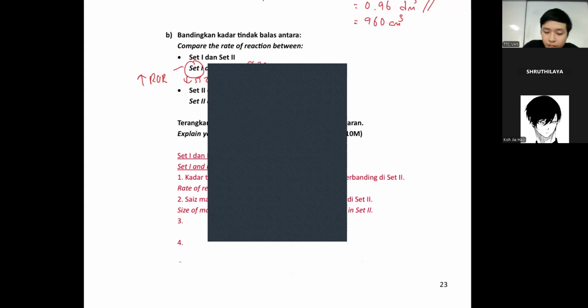So you can say rate of reaction in set 1 is higher, size of magnesium in set 1 is smaller. After size, you say total surface area is larger. But the careful thing is, it will say size of what, total surface area of what. I think you can even add, but it's better if you add, of magnesium exposed to sulfuric acid.